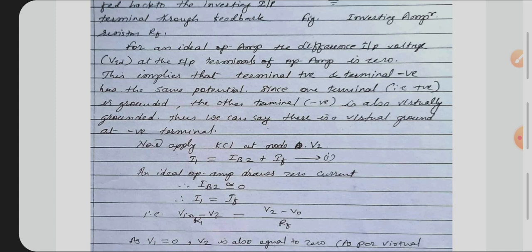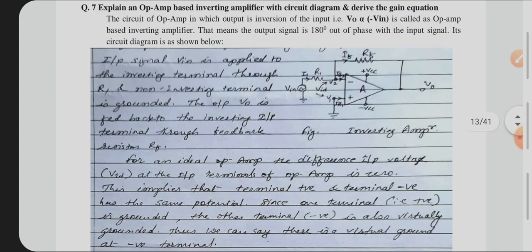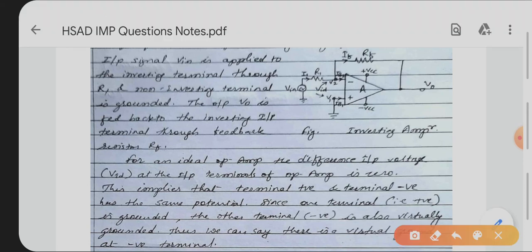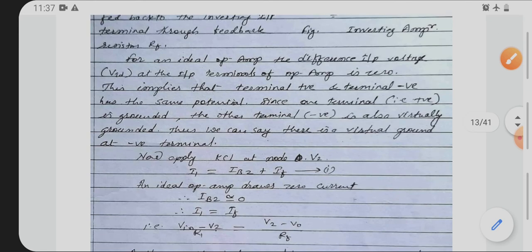In the circuit diagram you can see that the positive terminal, that means one terminal, is connected to the ground. This positive terminal which I am highlighting here is grounded, so the other terminal is also assumed to be at the same potential. If the positive terminal, that means non-inverting terminal, is grounded, the other terminal, that means negative terminal, is also virtually grounded.